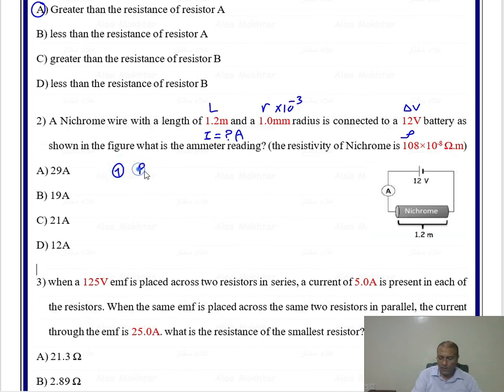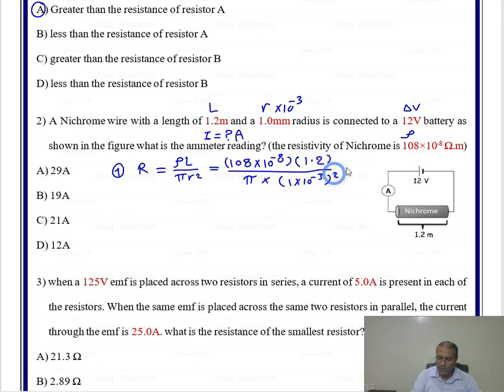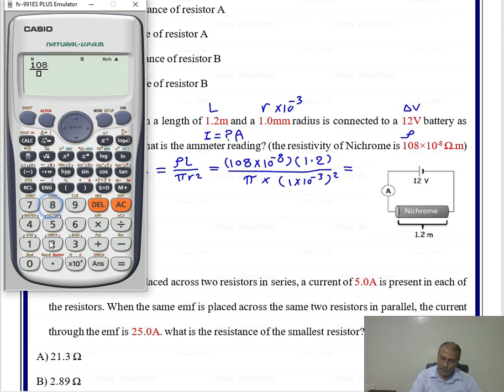First step, R equal rho L over area, pi R squared. Rho 108 into 10 negative 8, L 1.2, divided by pi times 1 into 10 negative 3 squared, using a calculator. 108 times 10 negative 8 times 1.2 over shift pi times 1 into 10 negative 3 squared, okay, 0.413 ohm.